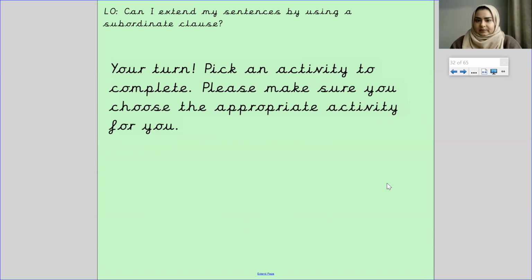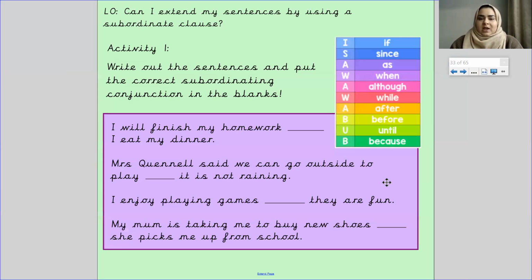Now it's your turn. Pick an activity to complete. Please make sure you choose the appropriate activity for you. Now, activity 1 says, write out the sentences and put the correct subordinating conjunction in the blanks. So you have 4 sentences here, and you choose the correct conjunction to complete the sentence.